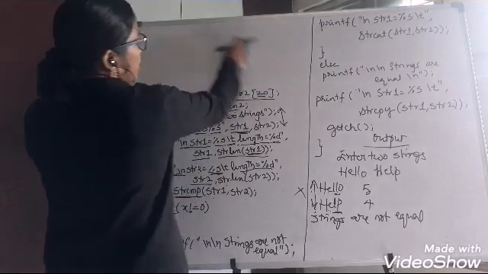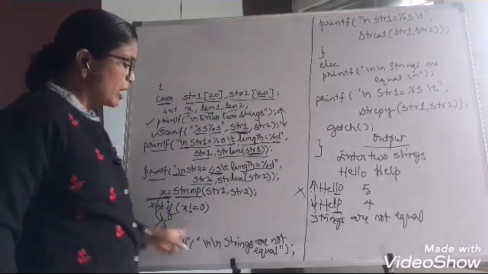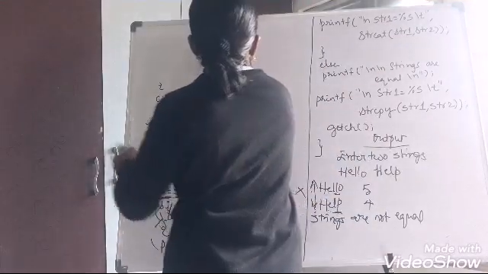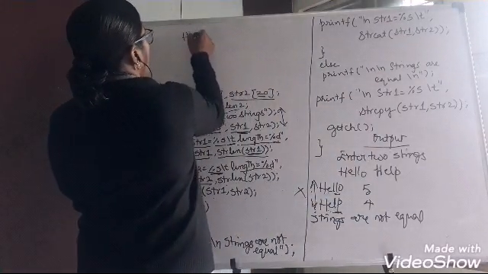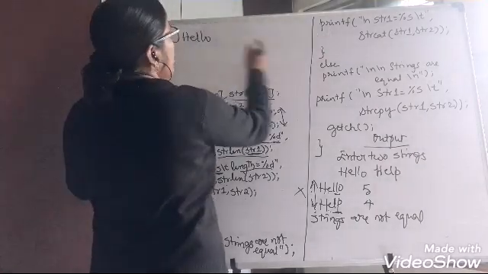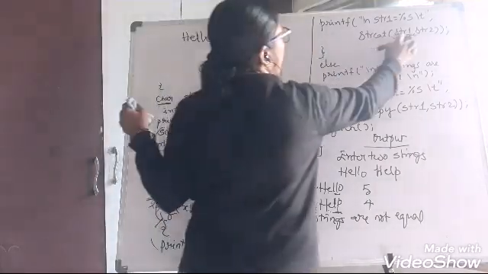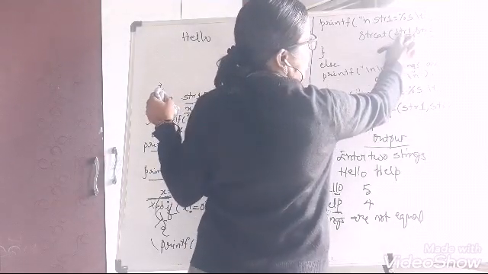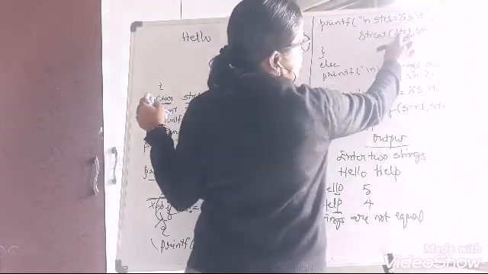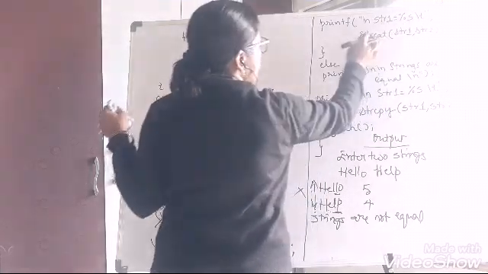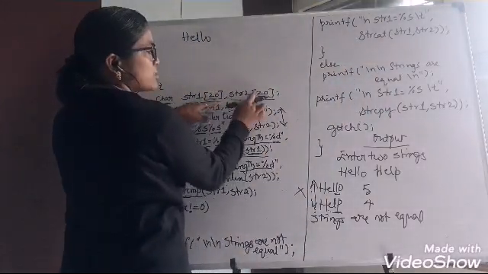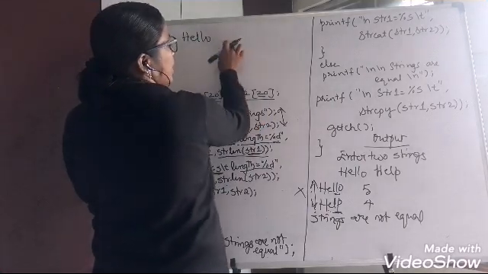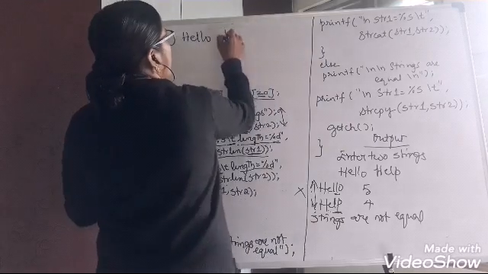Next step, as the if condition is true, inside it I am printing string 1. What is my first string? hello, tab space, then string concatenation of string 1 and string 2. That means string 2 is appended to string 1. Since the size is 20, the second string can be appended here.